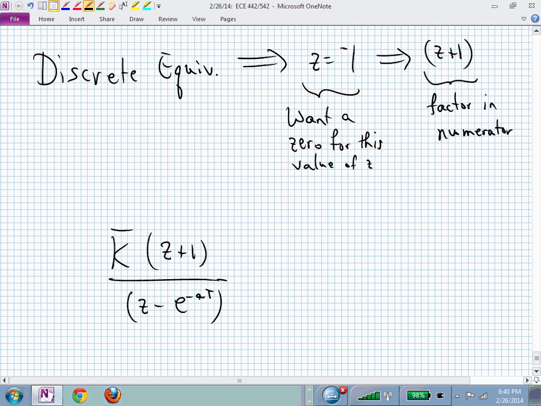What we haven't yet done is figure out what this unknown gain is, k bar.